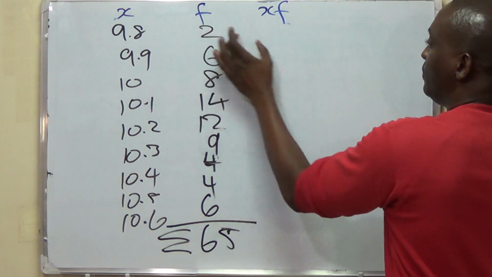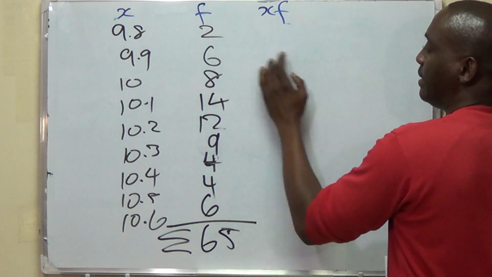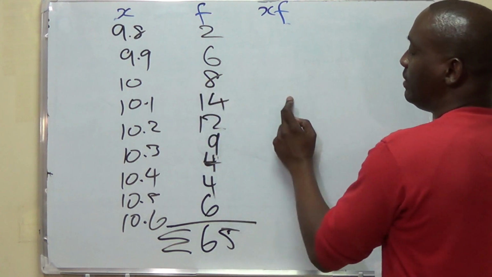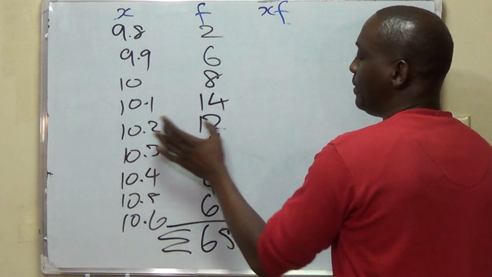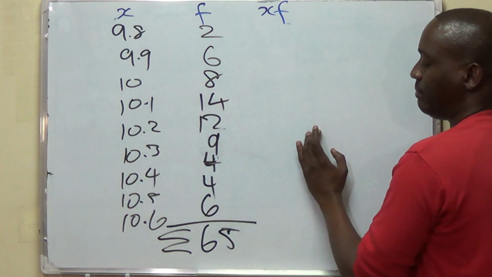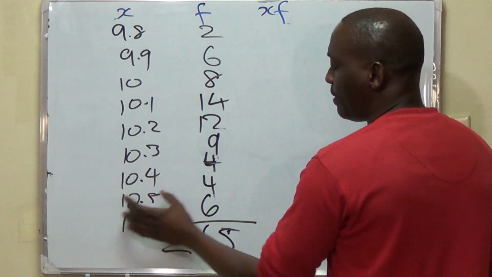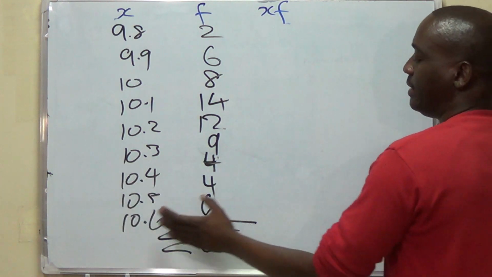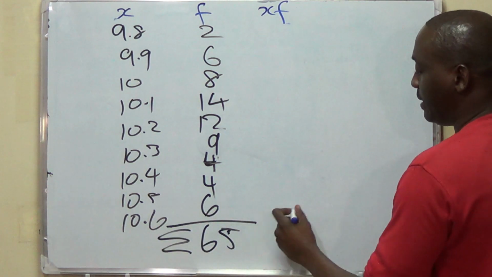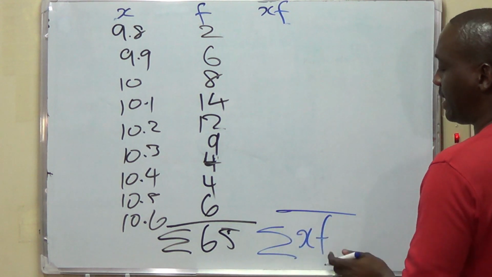So 9.8 by 2 will give you something. 9.9 by 6 will give you something. 10 by 8 will give you something. 10.1 by 14 will give you something. 10.2 by 12 will give you something. 10.3 by 9 will give you something. 10.4 by 4 will give you something. 10.5 by 4 will give you something. 10.6 by 6 will give you something. That something would be the sum of all of the X by F's.